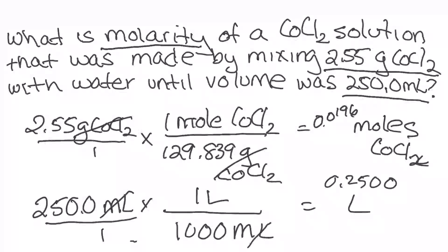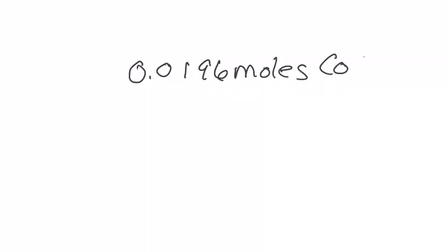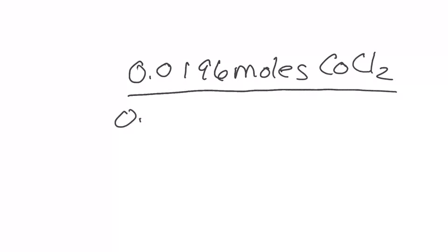I have to take the moles and divide it by the liters. So I had 0.0196 moles of cobalt 2 chloride and I had 0.2500 liters of solution.